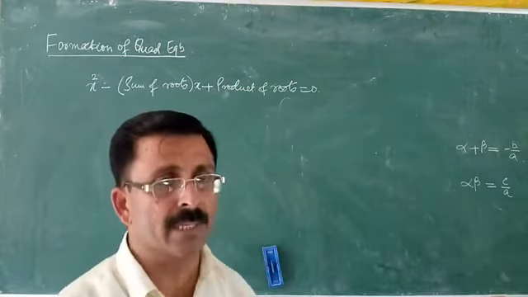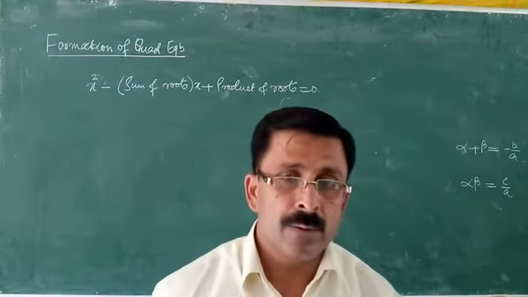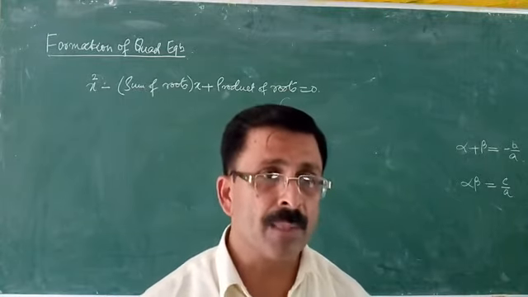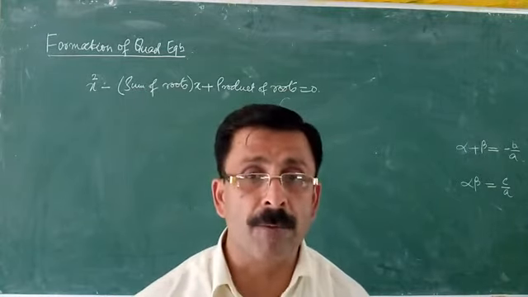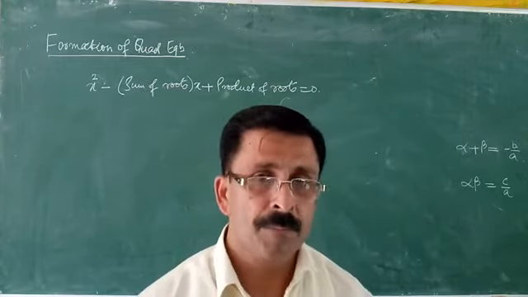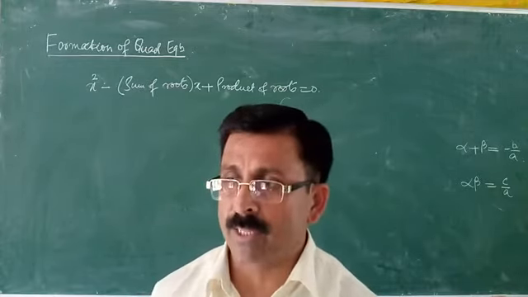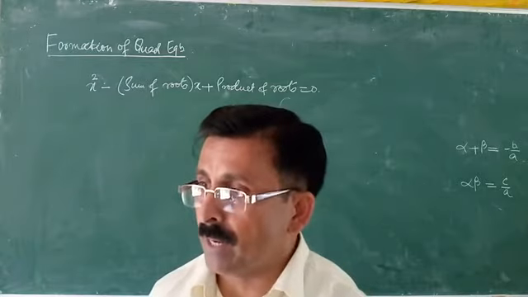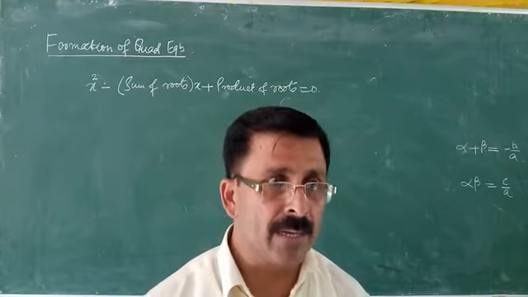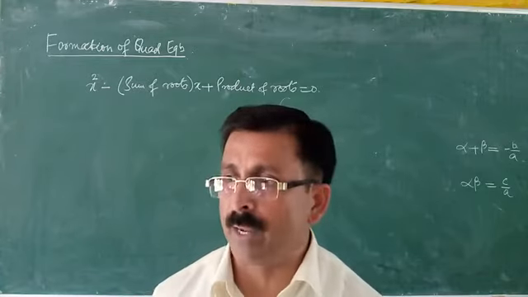Now here, what happens depends on what the roots of the quadratic equation are. Listen to me very carefully. If the roots of the quadratic equation are alpha and beta, then the sum of roots will be alpha plus beta, and the product will be alpha into beta.